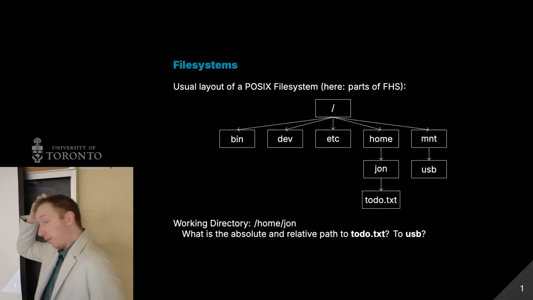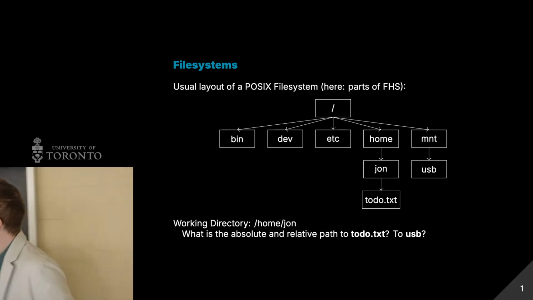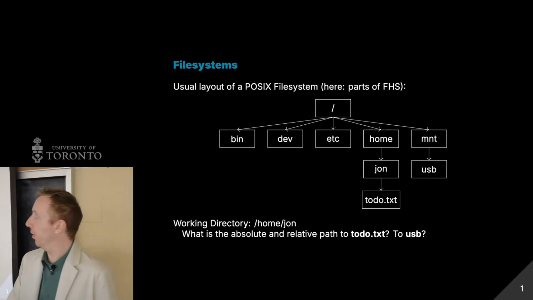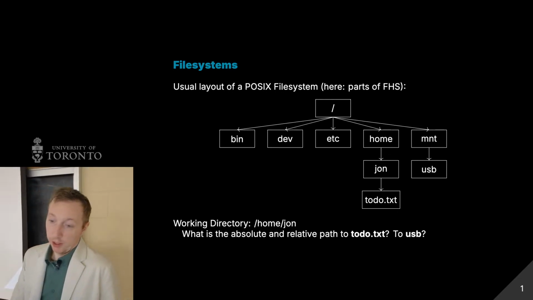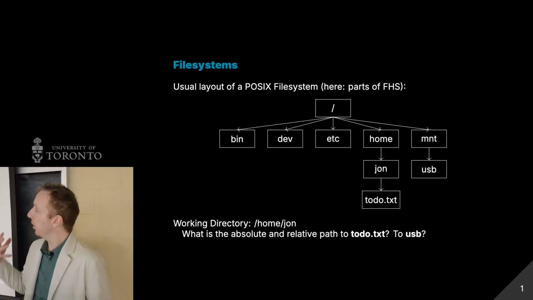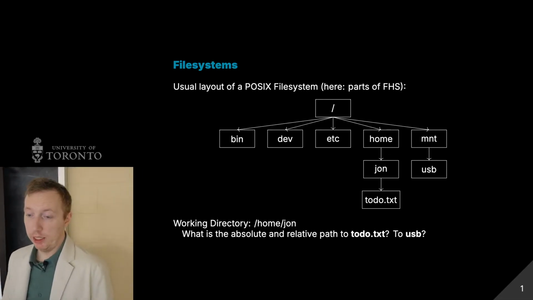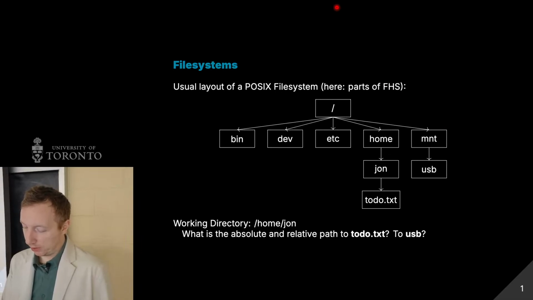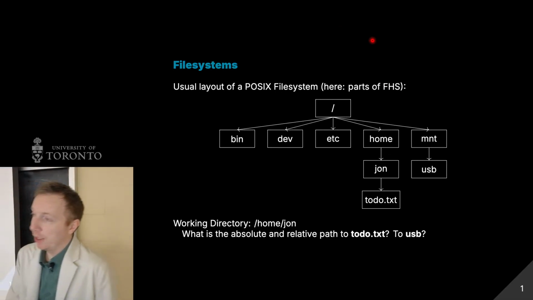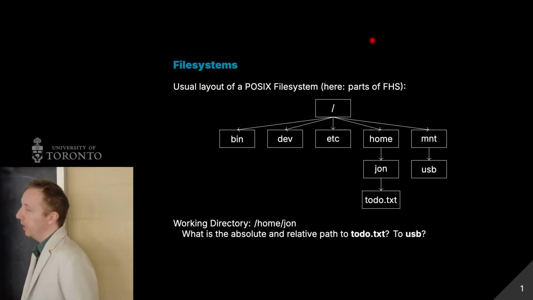So, file systems. The usual layout of any Unix-style file system, or POSIX file systems. Here, it's actually defined what some directories should be, part of this standard called FHS, which is creatively called the File System Hierarchy Standard.